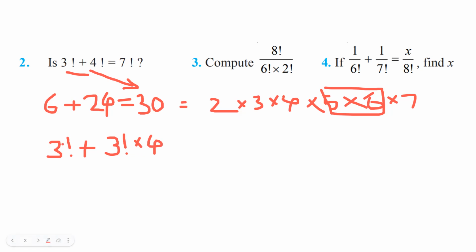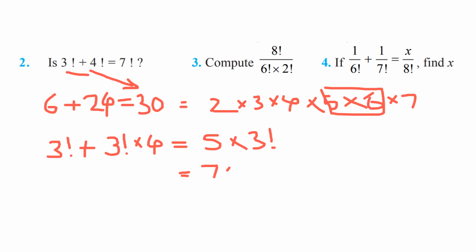So this is 1 times 3 factorial and this is 4 times 3 factorial, and in total we have 5 multiply 3 factorial. So instead of doing all the calculation, we can just compare terms. Then if you look at 7 factorial, how many 3 factorials do you have in 7 factorial?